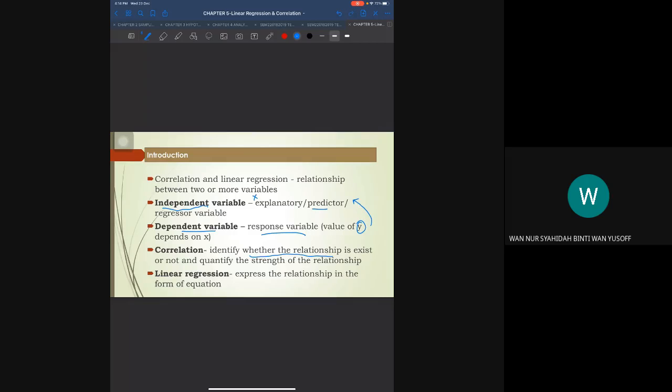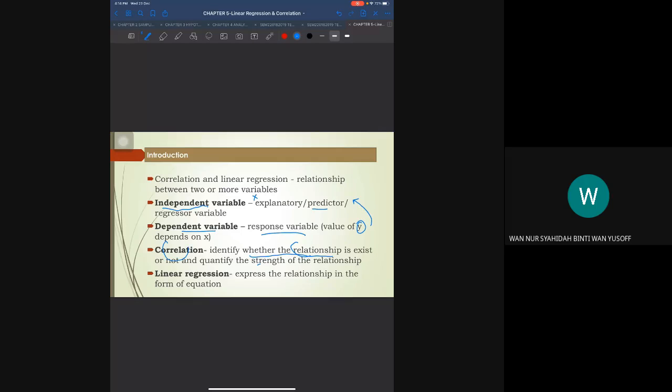So correlation here identifies whether the relationship exists or not, and then quantifies the strength of the relationship. From the correlation coefficient value, we can discuss whether the relationship exists or not, and also the strength of the relationship. Linear regression expresses the relationship in the form of an equation.